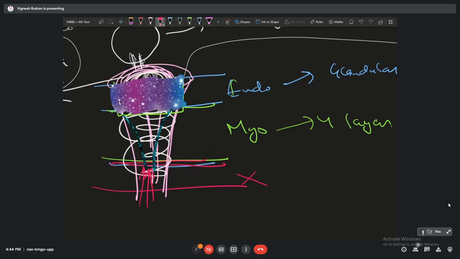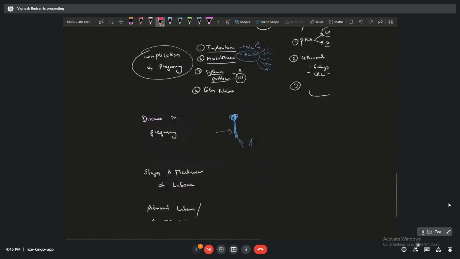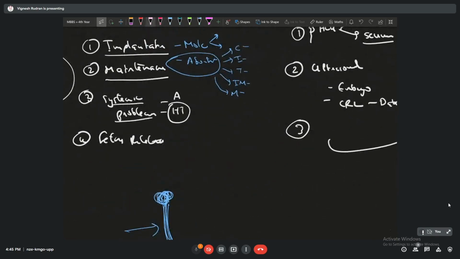Just imagine a thick tube like this, blood flowing through that, and a thin tube like this. So this is going to obviously increase the pressure, right? Do you get what I'm saying? It increases the pressure of flow, and that is why you get hypertension in pregnancy. So anemia and hypertension are your two most important things.